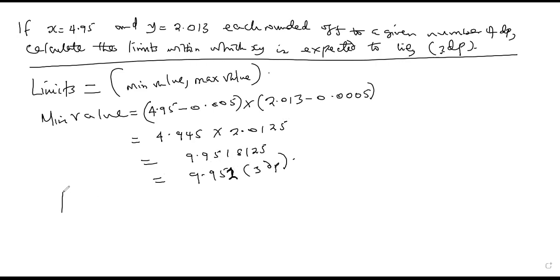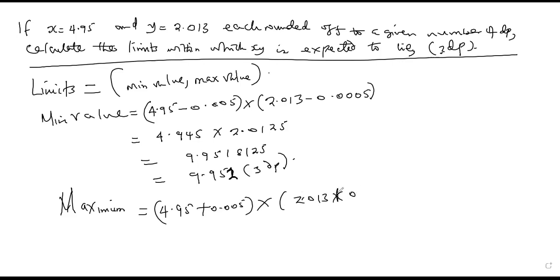Then you do the same for the maximum. For the maximum value, you're going to maximize all. So x maximum will be 4.95 plus 0.005, then times y, 2.013 plus 0.005.